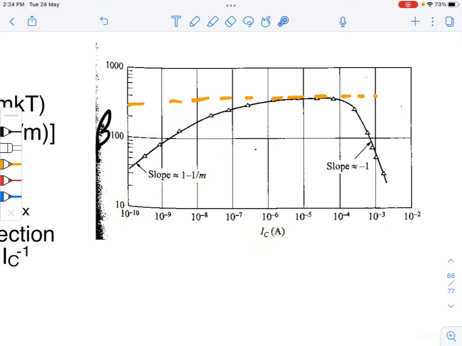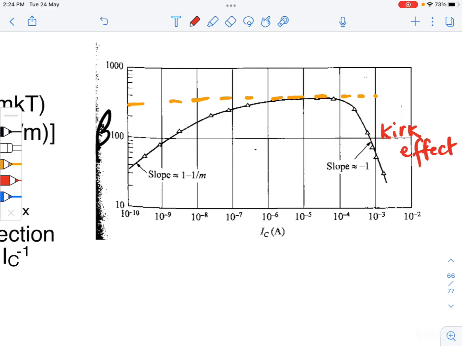You can see the value of the beta, the gain, is less than what it should be, and we already explained it. And at high collector current, this area is supposed to be constant, but at very high collector current, the gain reduces, and this gain reduction is what we call the Kirk effect.